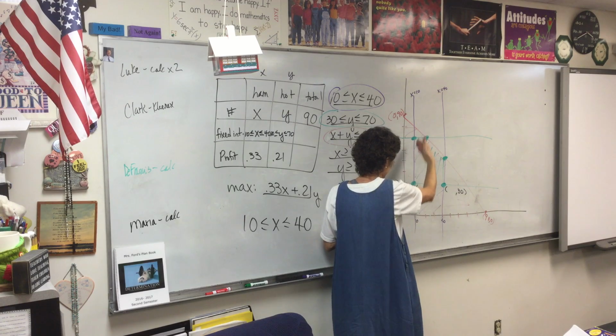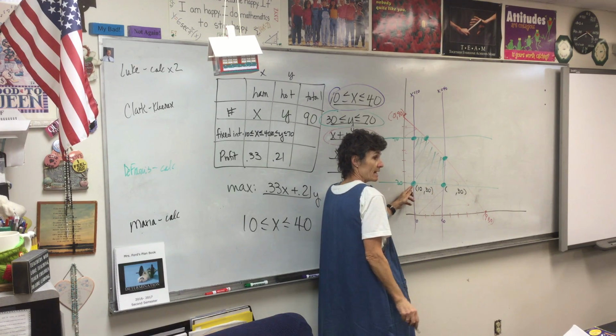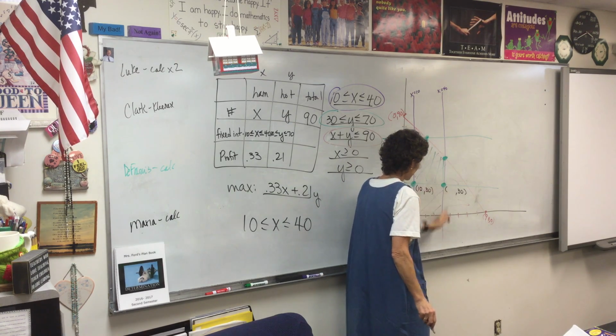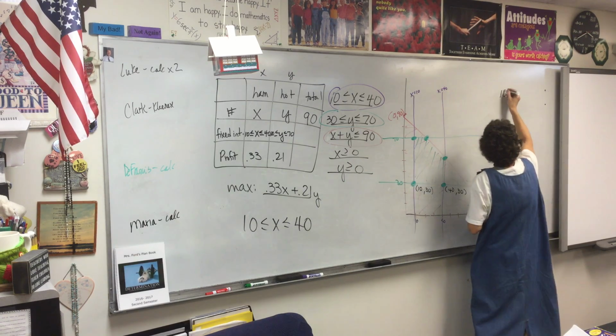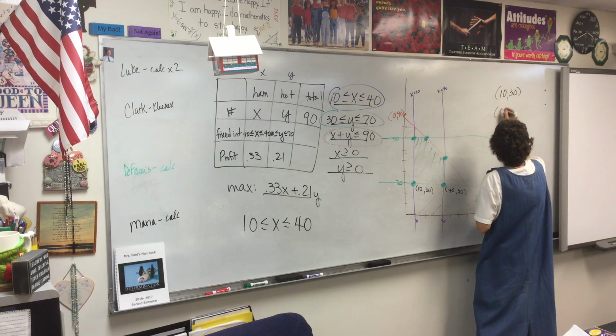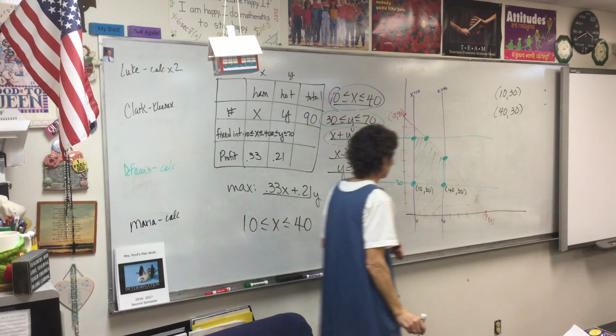Every point on this line has an x coordinate that is 10. And over here, an x coordinate that is 40. So aren't two of my points 10, 30 and 40, 30? Those are two of them.